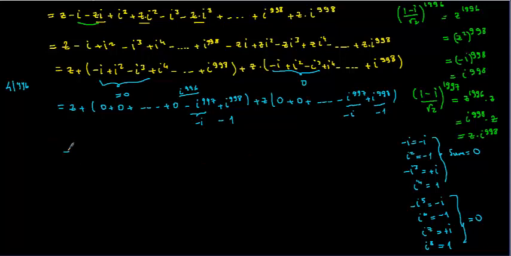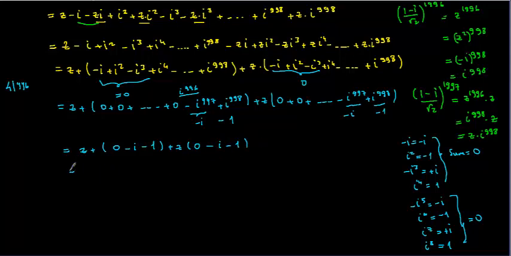So the expression is going to be equal to z plus whole zeros is equal to 0, minus I minus 1, plus z times whole 0 minus I minus 1.